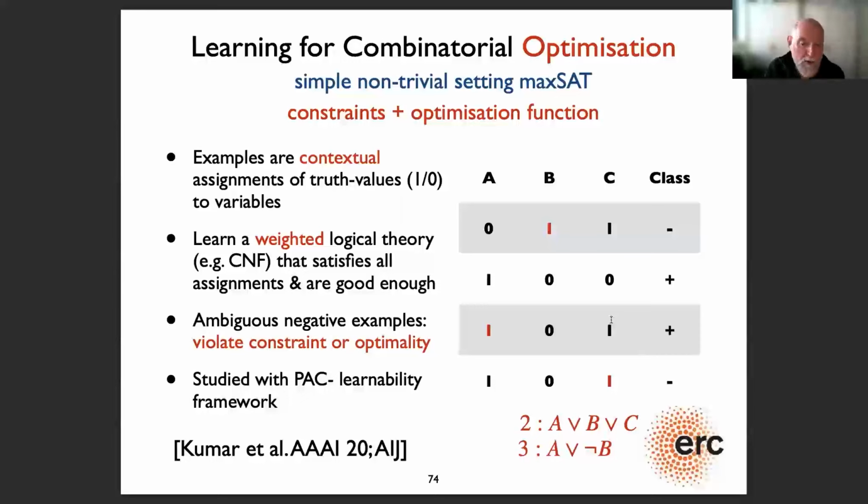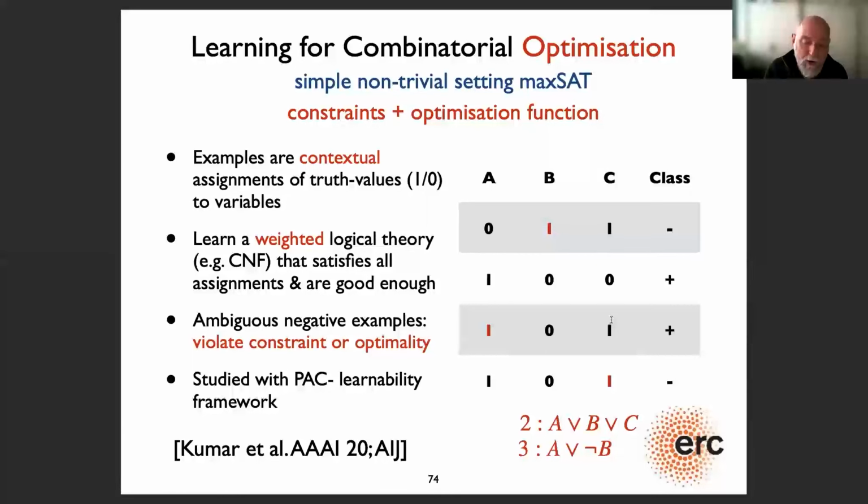And the tricky thing is, if you work with this weighted MaxSat, you get these weighted constraints, like on the bottom right. And the difficulty with learning in this setting is that if you have a positive example, then of course it's optimal for that particular context. But if there is a negative example, there are two reasons why an example might be negative.